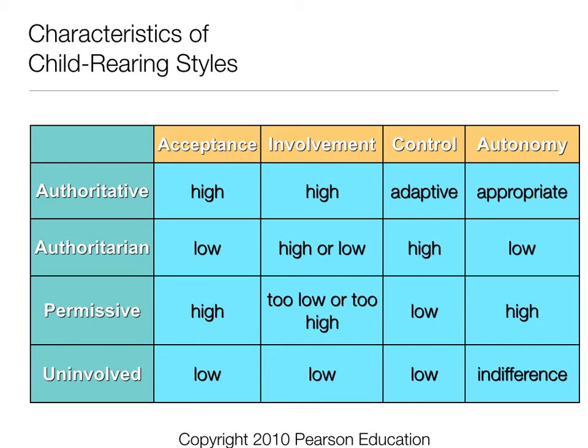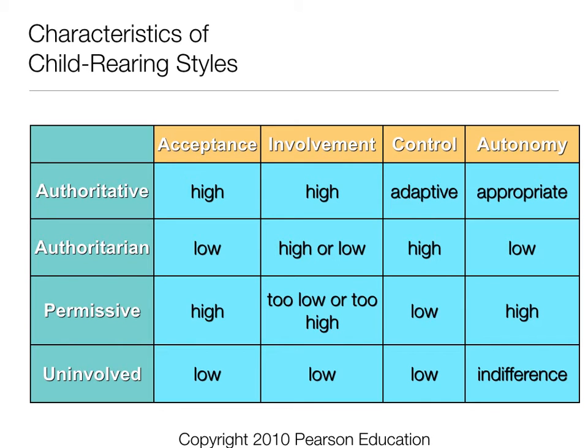Permissive parents are going to be the "I want to be your best friend" parents. They're high on acceptance. They can be either too high or too low on involvement, but they have a low level of control. And they're giving their children too much autonomy, okay? These parents are figuring it out for themselves: this kid can do this. To the extent that they're creating situations where the children are making decisions they really shouldn't be making.